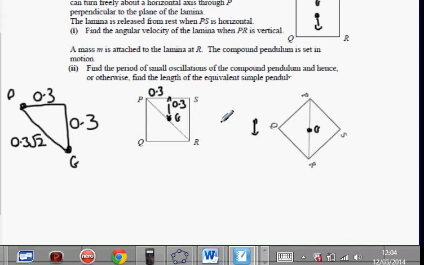Now, what we've got to do next is rotational energy. Rotational energy will equal the loss in potential energy.